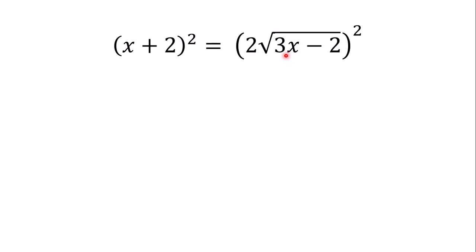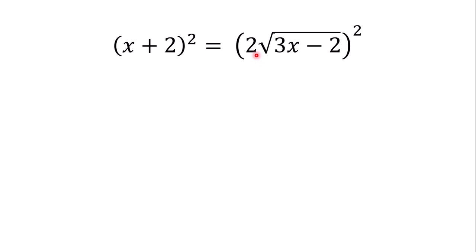Now, because we have another thing attached to the square root of 3x minus 2, how we are going to square it, how we are going to expand it, is different from what we saw in our previous session. Here, the square will affect this and also affect this square root sign at the same time.